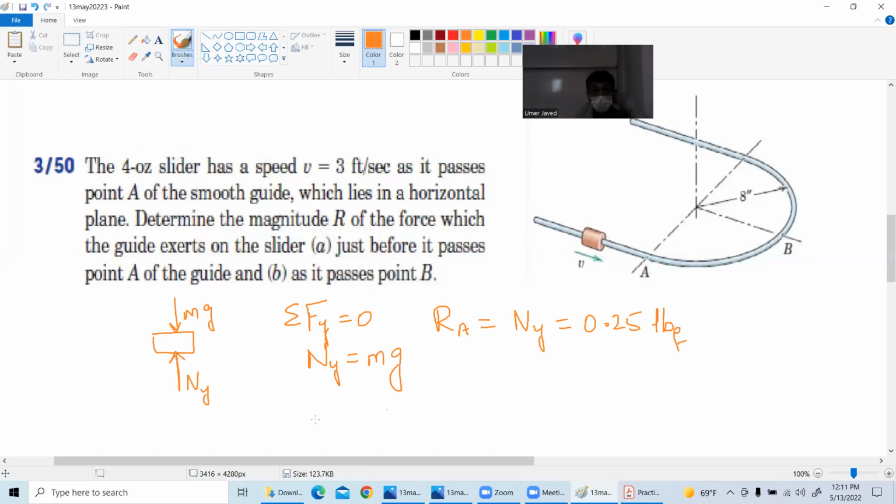Then at point B, you can ask me the question, what happened? At point B, we have summation of forces in the tangential direction equal to m a_t. So you can make the free body diagram like this.